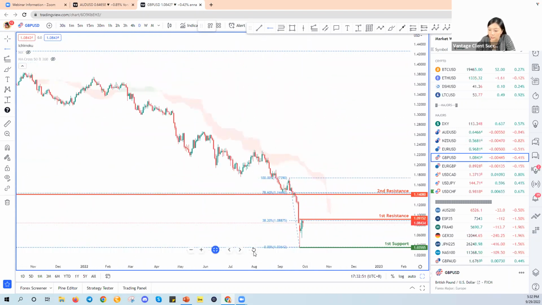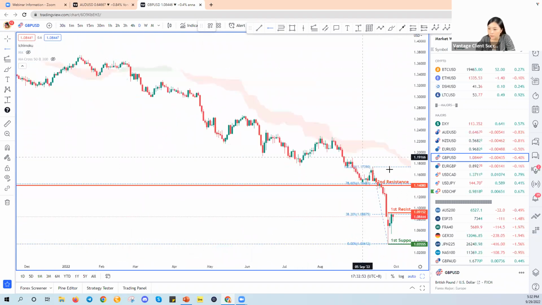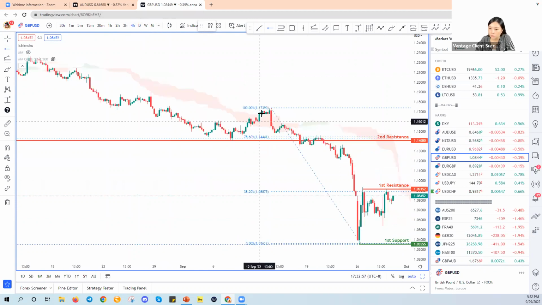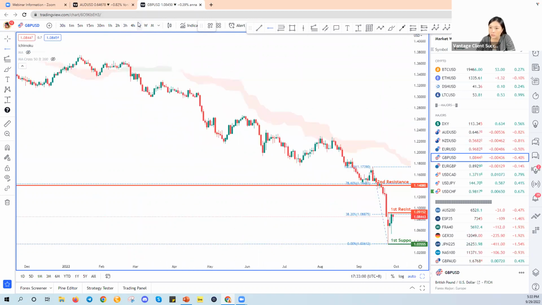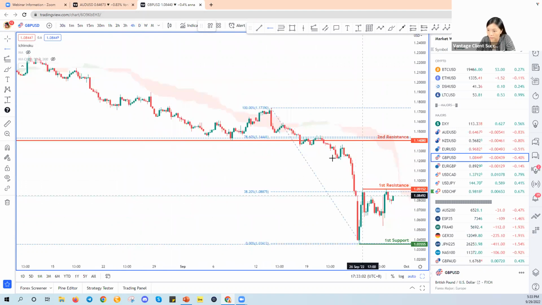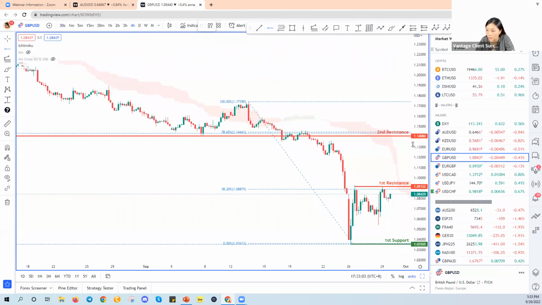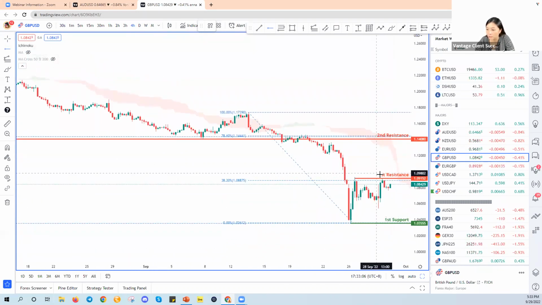So on a daily chart, we're looking at a very, very strong downward trend. I'll zoom into the 4-hourly because on the daily, it's not executable. I want to define it more. So how I actually come to my resistance and support level is that, okay, this area here has been tested twice and rejected.